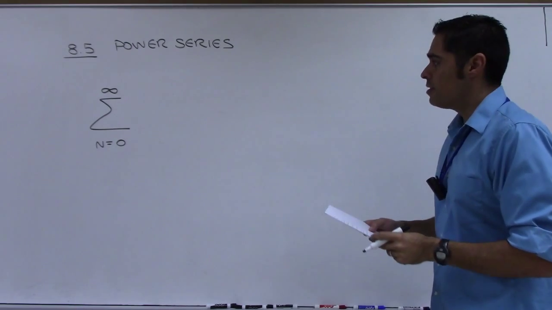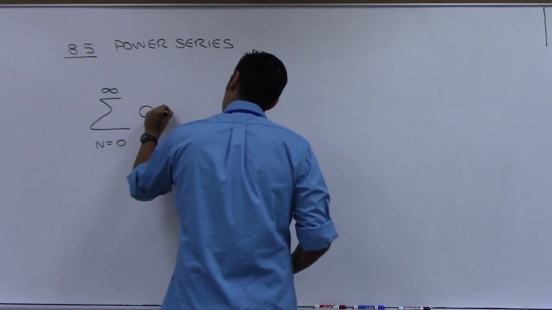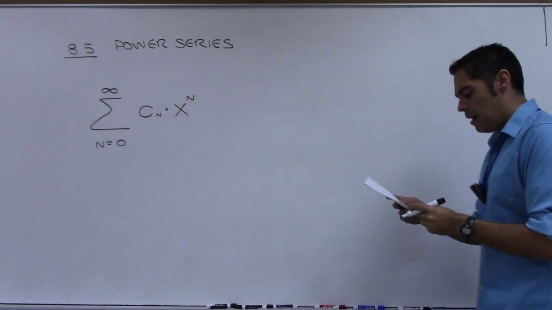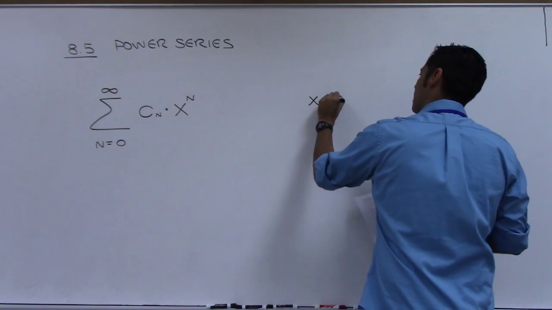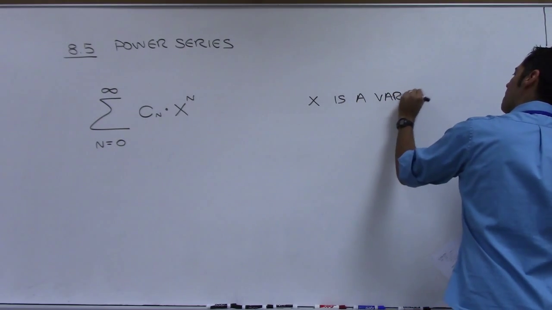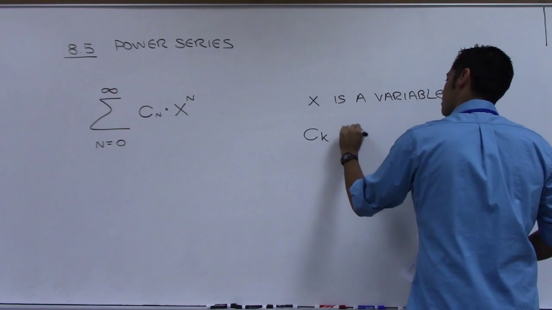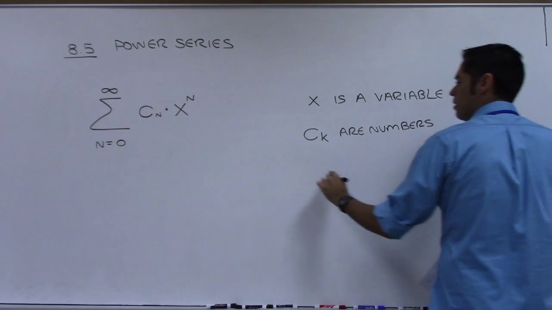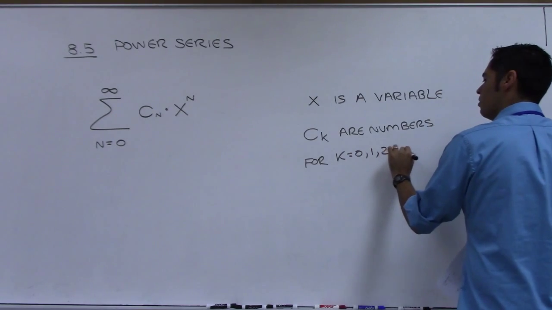But a power series starts at 0, goes to infinity, c sub n, that's multiplication, times x to the n, where x is a variable, and c sub k are numbers for k equals 0, 1, 2.